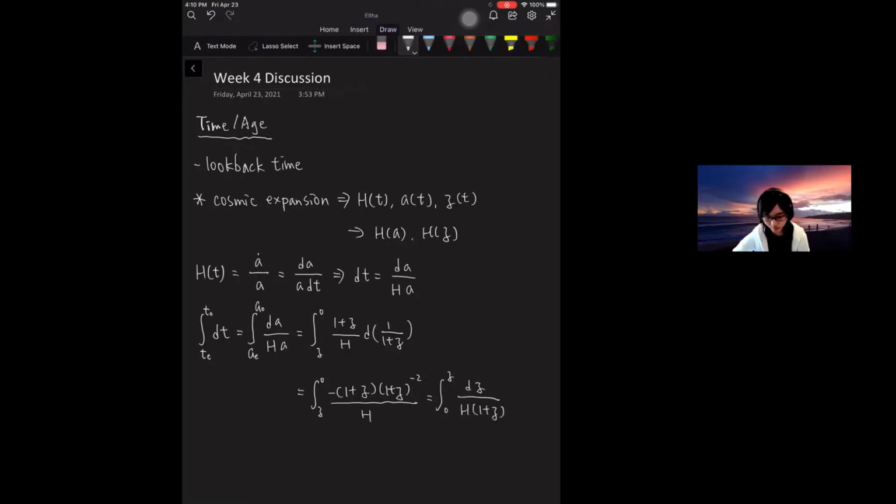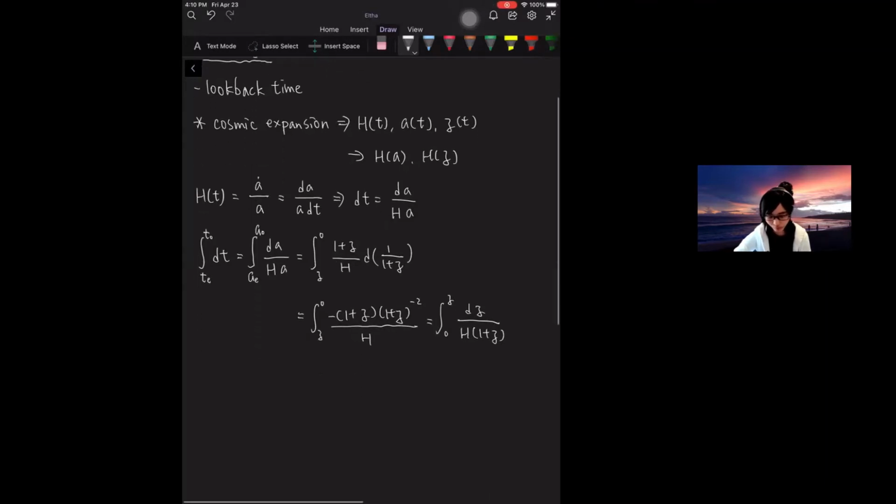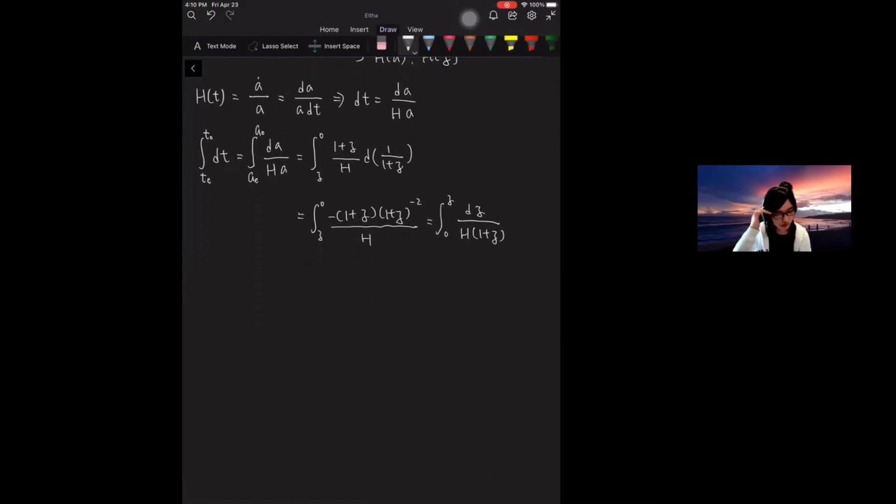With this integral, we can then get the look-back time. We know the integral of dt, with the boundary, is just t0 minus t, the time at which the light was emitted. And that is what we call the look-back time. So we already derived that. It's the integral from 0 to z of dz over H of z times 1 plus z.